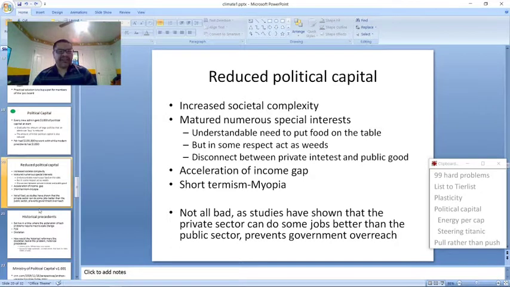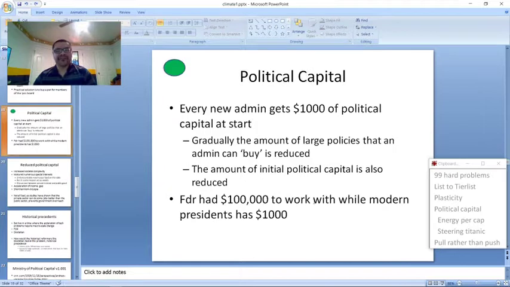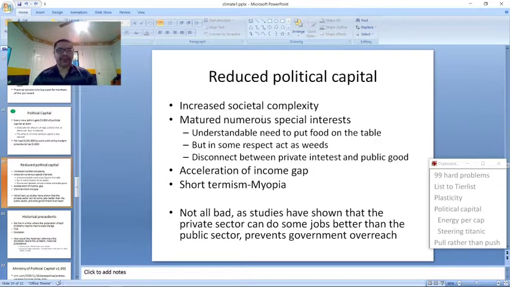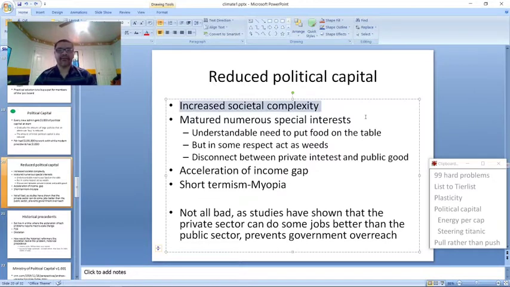There are numerous reasons for this reduction in political capital. Increased societal complexity, numerous special interests, acceleration of the income gap, and short-termism myopia.